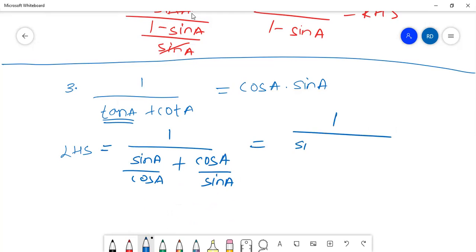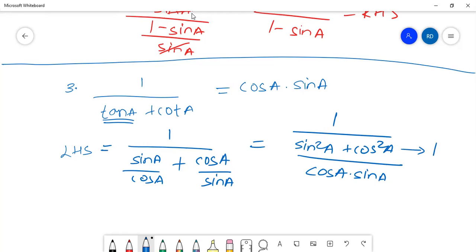1 upon sin square A plus cos square A divided by the denominator, which will become cos A sin A. We know this is a square identity which will become 1, and it will become 1 upon 1 upon cos A sin A. So this is 1 upon 1, and when you take reciprocal, this will go over here.